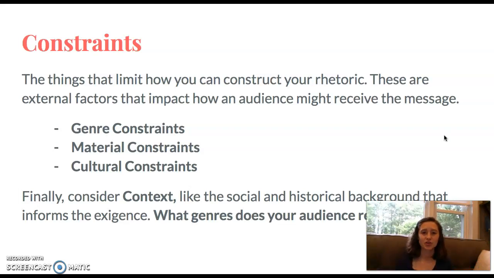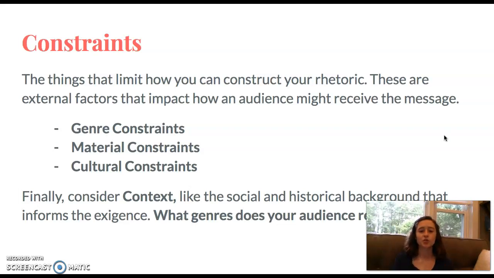There's material constraints, only so much can fit on a piece of paper, only so much can be shown on a recorded video, for instance. And there's also cultural constraints, so thinking about what's acceptable to say or not say in a specific cultural scenario in your society.